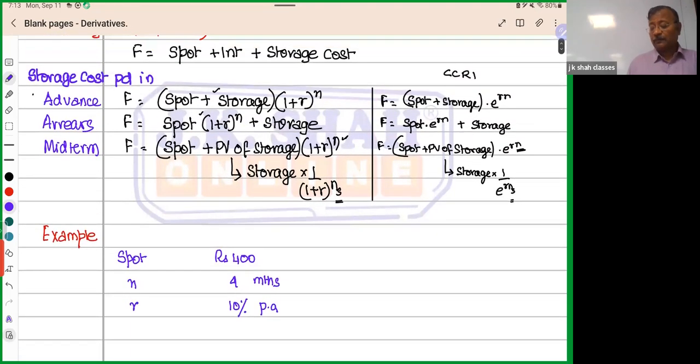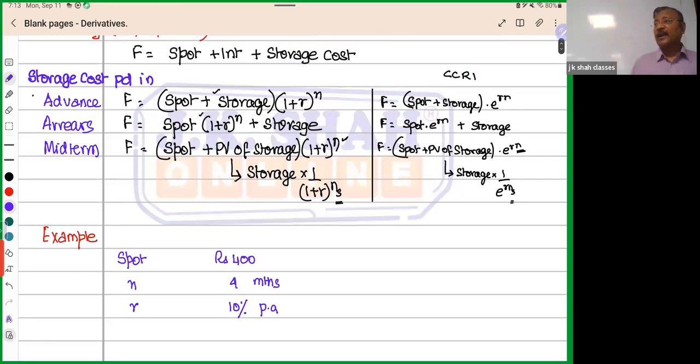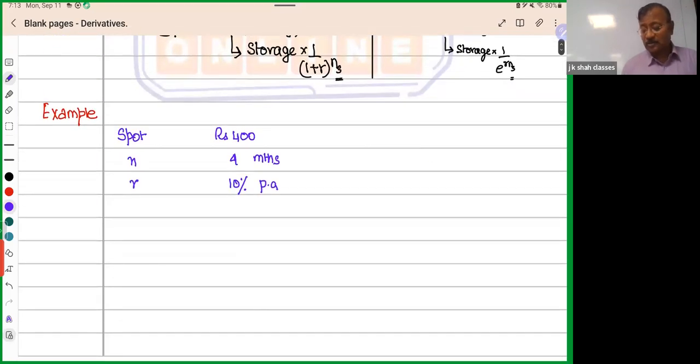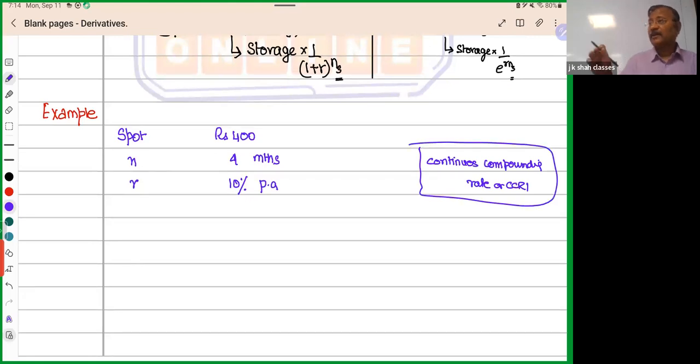You will not apply this continuous compounding unless you see these words: continuous compounding rate, or CCRI, continuously compounded rate of interest. Unless and until you see this anywhere in the question, you will not apply this.